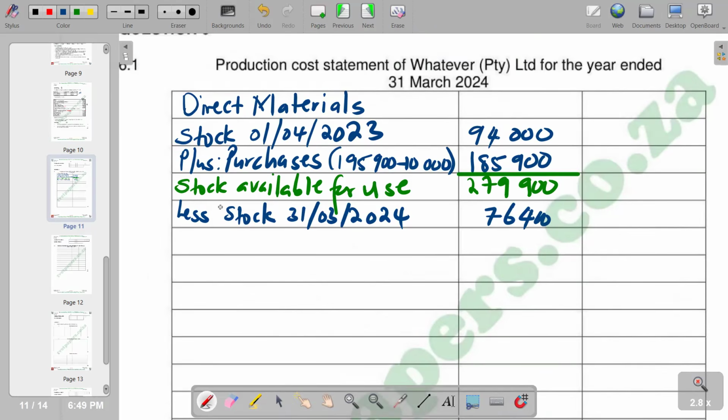We are saying less, so we can show by putting brackets that we are subtracting. With that, we can underline to say 279,900 minus 76,400, and your answer is 203,500, which is going to come in the other column. The figure that we got now becomes the raw materials used, or direct materials used.